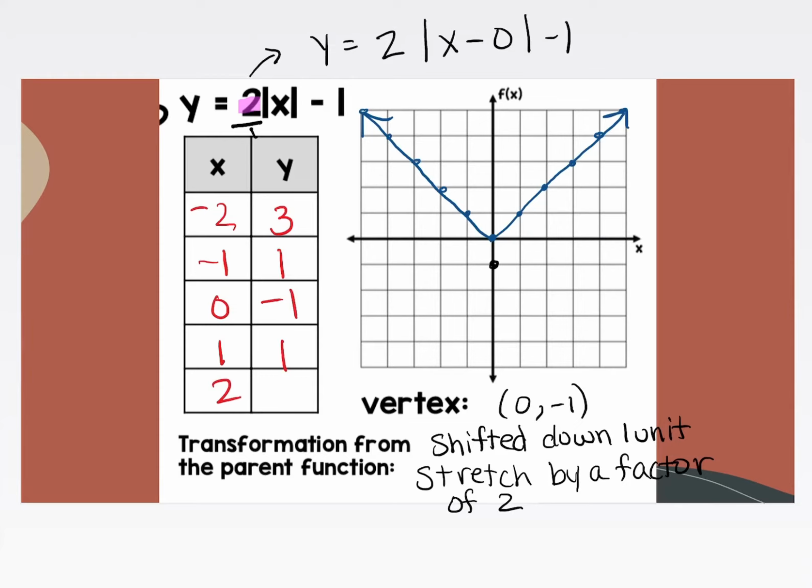And the absolute value of 2 is 2, times 2 is 4, minus 1 is 3. So we have our points here, and now we can plot. Okay, so there is our function there.